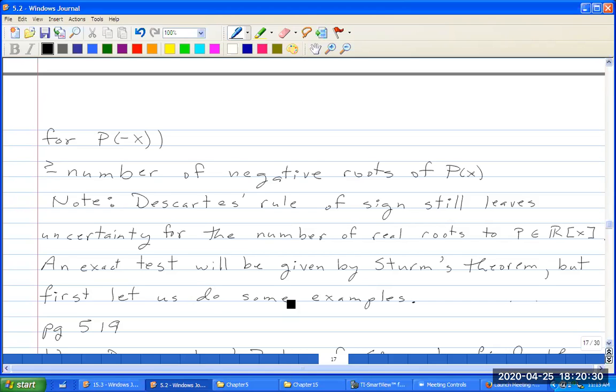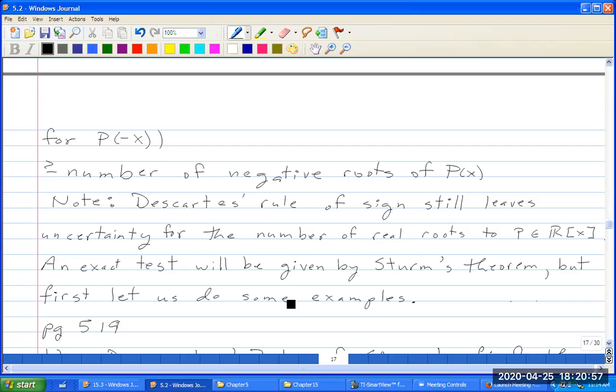So if the number of sign changes is greater than or equal to 2, then there will be some uncertainty with exactly how many positive roots and exactly how many negative roots there are, because this only tells you, up to evenness and oddness, how many roots there are.